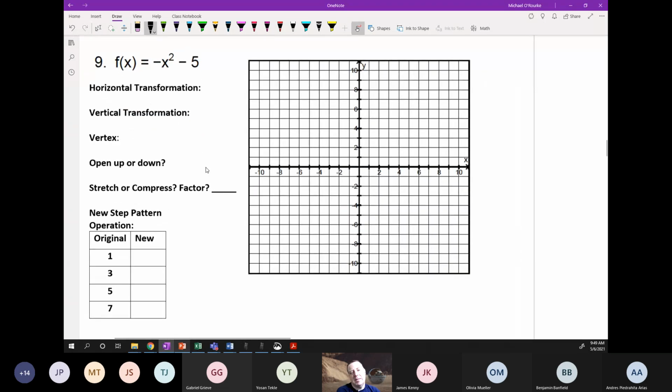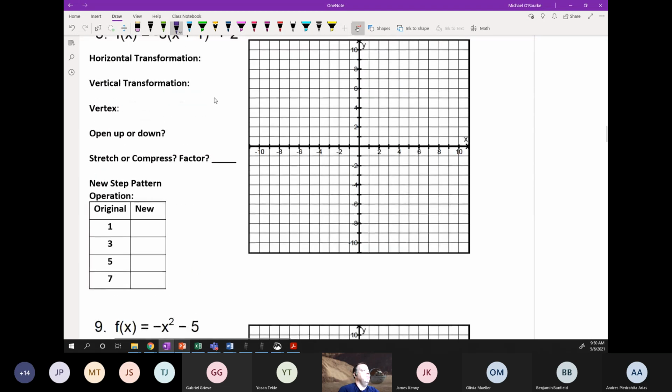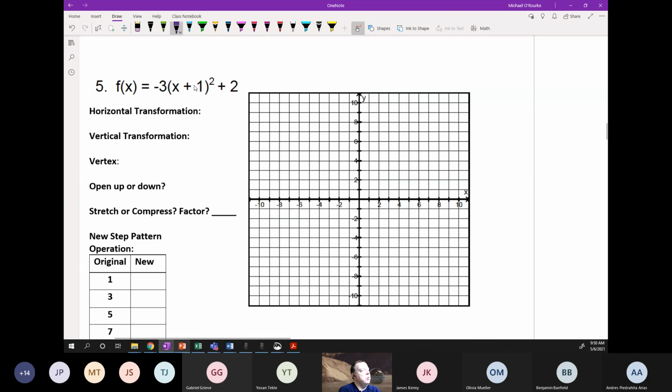Okay, so this is how I have this set up, and I'll walk through this one somewhat quick. I asked for my horizontal transformation. Let's do one that has a horizontal. So horizontal transformation is my h value.